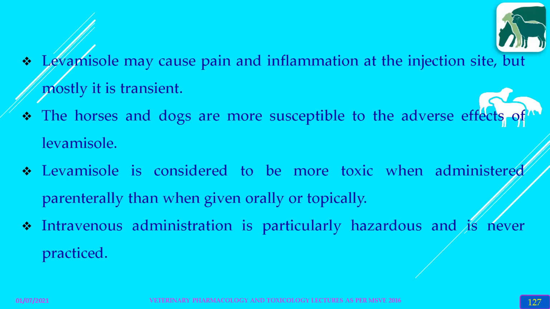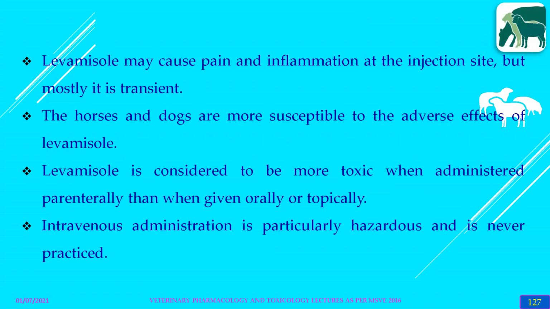And many times, please remember here, levamisole injection was used to kill stray dogs once upon a time, about 10 years back. But it's highly unethical to use the agent for euthanasia. Especially a 2 to 3 ml fast IV was sufficient to euthanize the dogs.